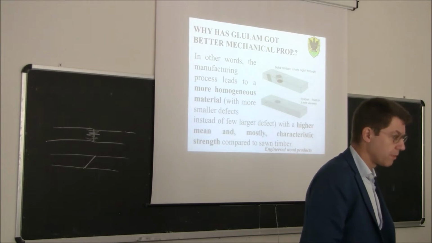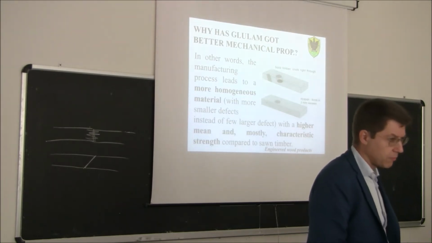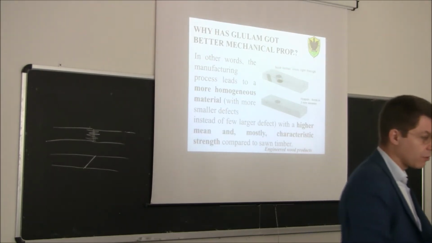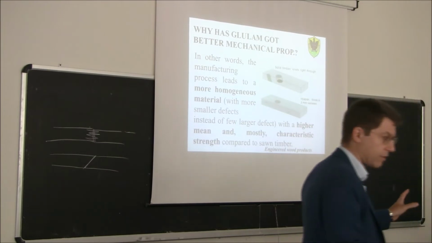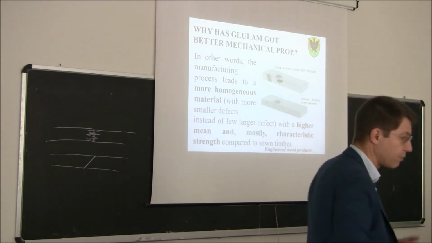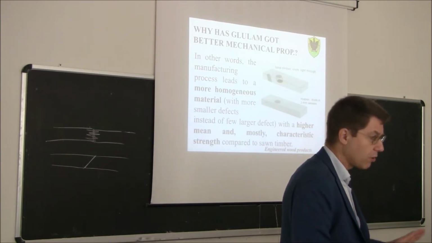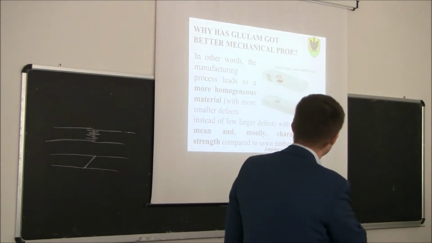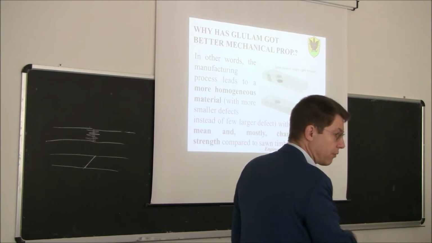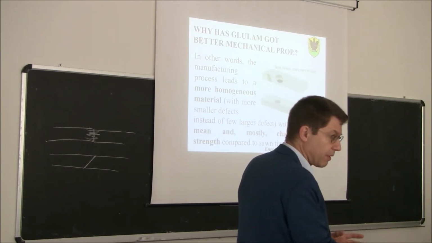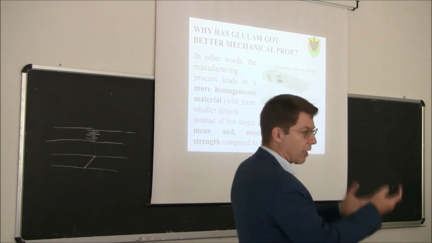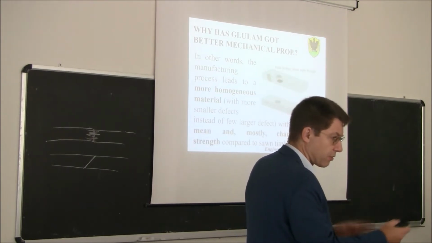Yes, it's mostly for the knot. We saw different types of defects, and this production method is mostly to reduce the influence of the knot. No, all of them. See here? If you have a big knot in your timber, let's say in your trunk you have a number of knots.